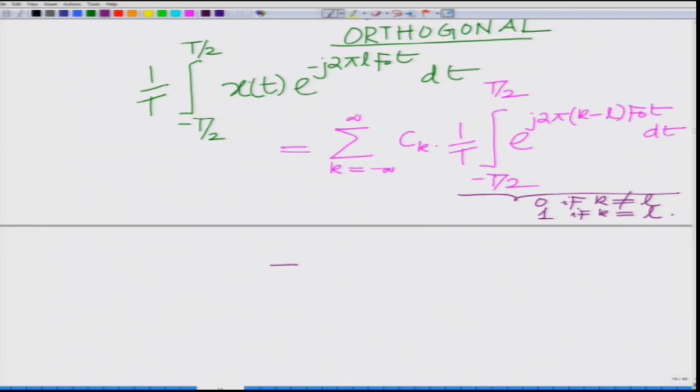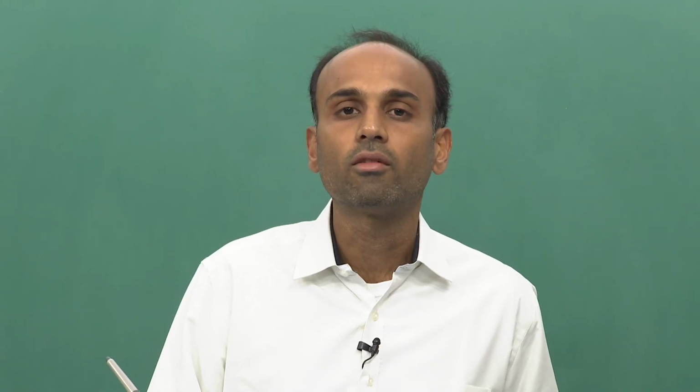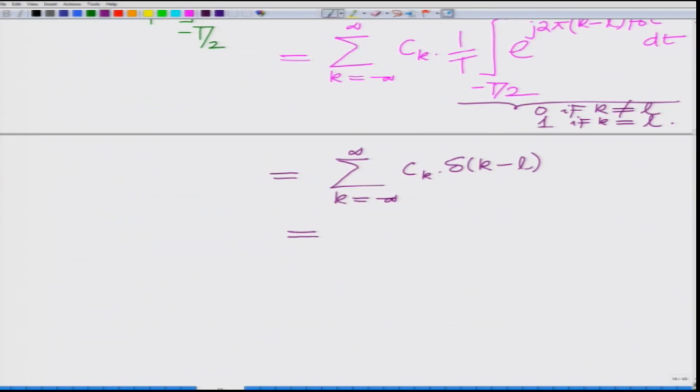You can also write this as the summation over k of C_k δ(k−L), because this is a delta function where δ(0) is 1 and δ of any other integer n is 0 if n is not equal to 0. Therefore, this is simply equal to C_L.